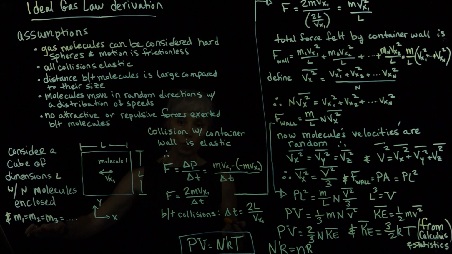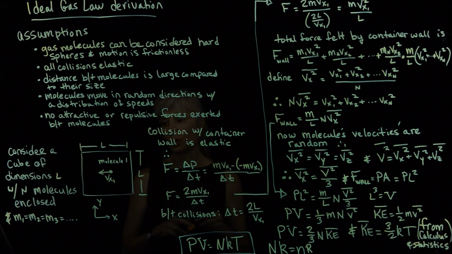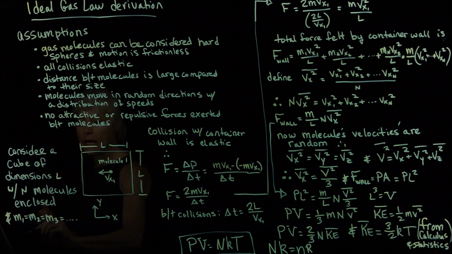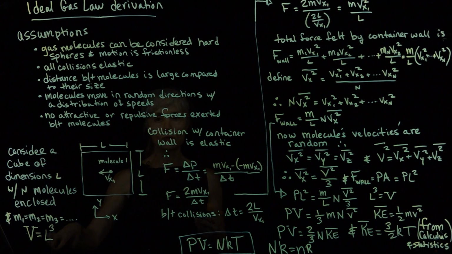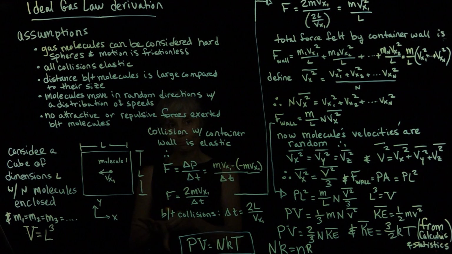So the mass of molecule 1 is the same as the mass of molecule 2, et cetera. It might be worth pointing out that I can write the total volume as just L cubed: the length times the width times the height. It's a cube, so all those dimensions are the same.